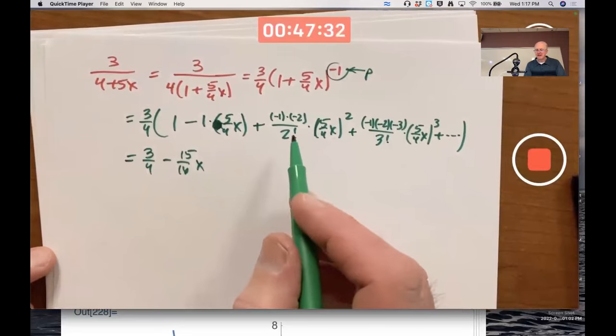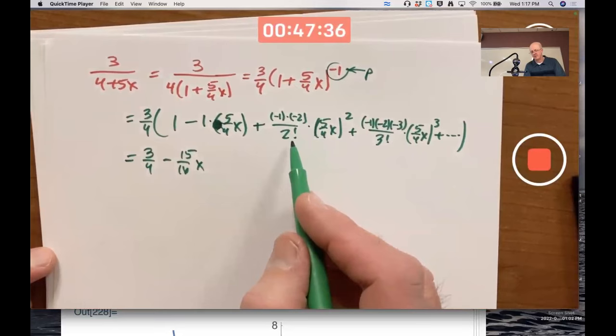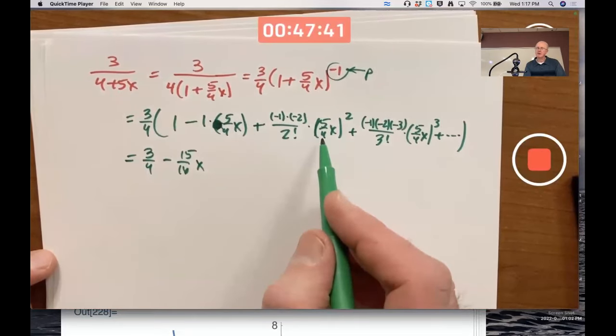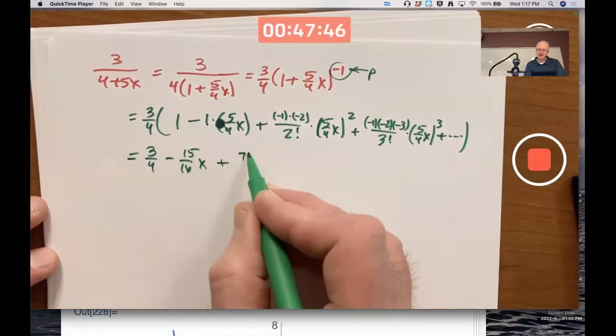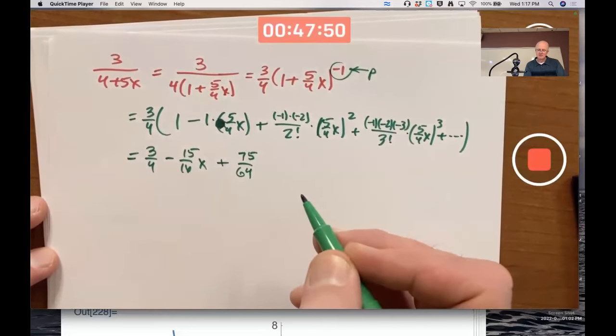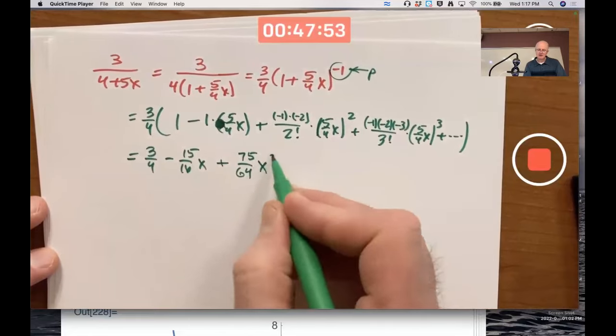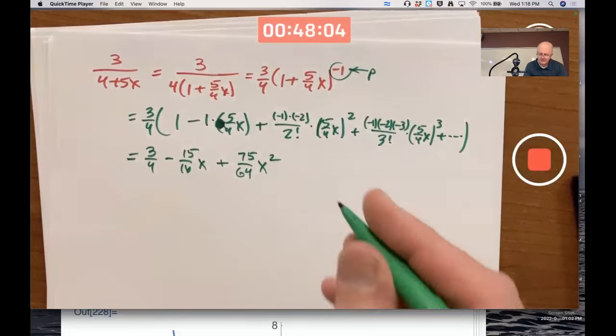Next term, -1 times -2 is +2, divided by 2 factorial is also +2, becomes a 1. 5/4 squared becomes 25/16 times 3/4 becomes 75/64 x squared. For some reason, that's feeling not familiar. Did I make a mistake or is that okay? I guess it's okay.